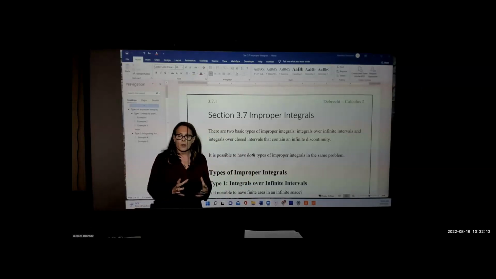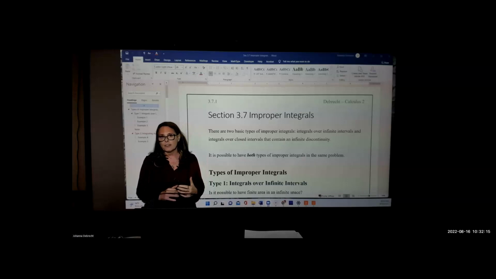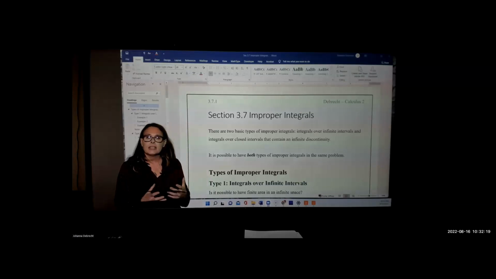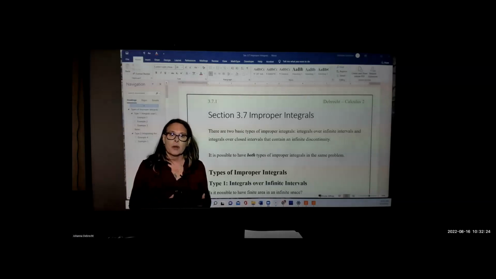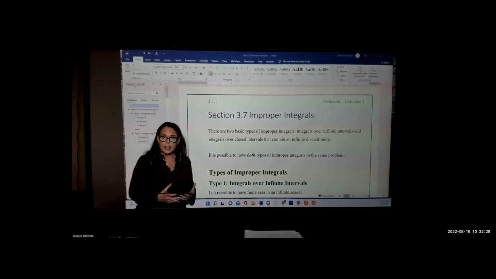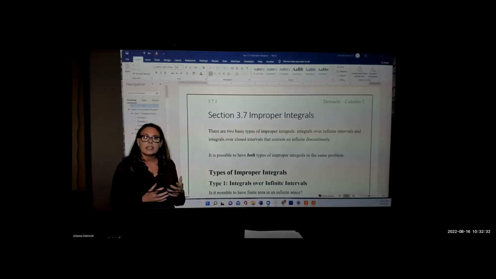Well, that's improper, because infinity and negative infinity are not numbers, they're directions. So that makes the integral itself improper by having a limit of integration which is a direction and not a number.